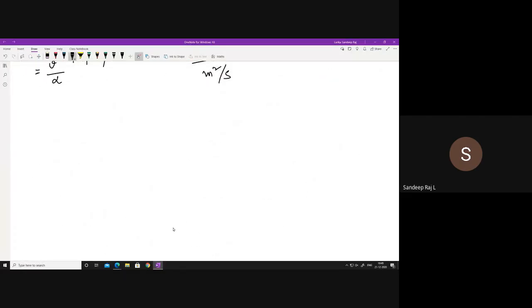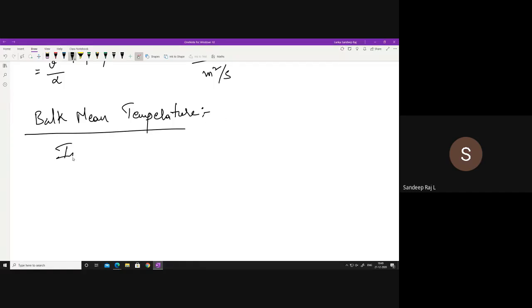So that's one thing. And there is one more thing that we must understand here. The concept of bulk mean temperature. When it comes to the concept of bulk mean temperature, we are speaking especially about the internal flow.